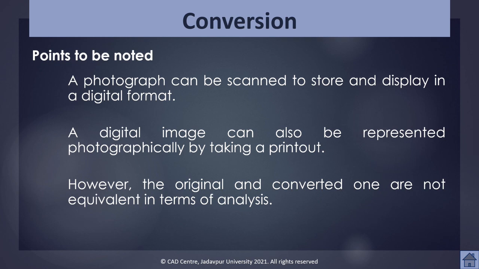They can also be converted back and forth, to represent photographically recorded images in digital form, or digitally recorded images in photographic form. However, converted data cannot be used in many instances of image analysis.